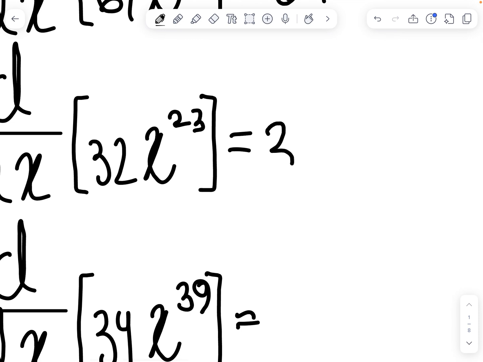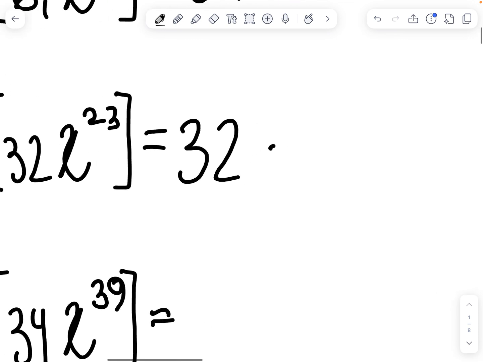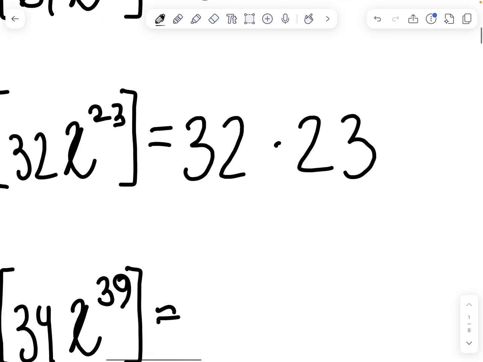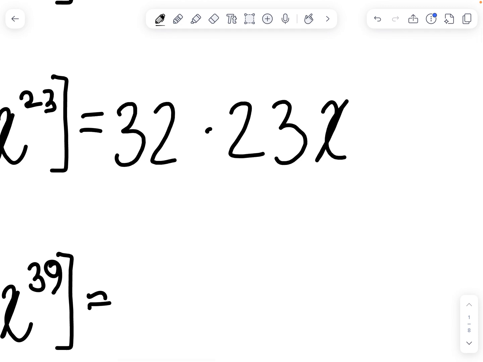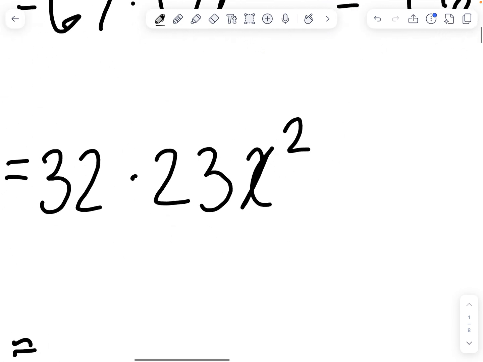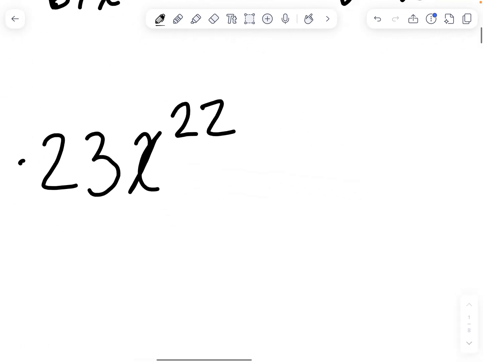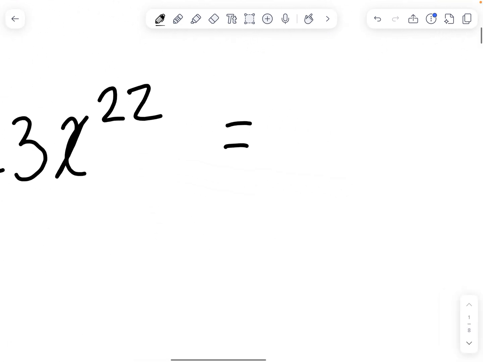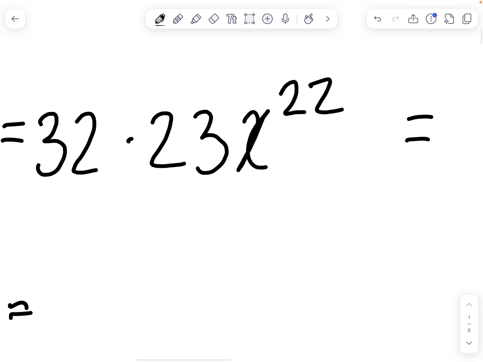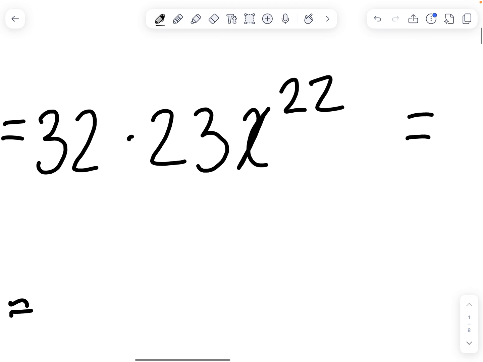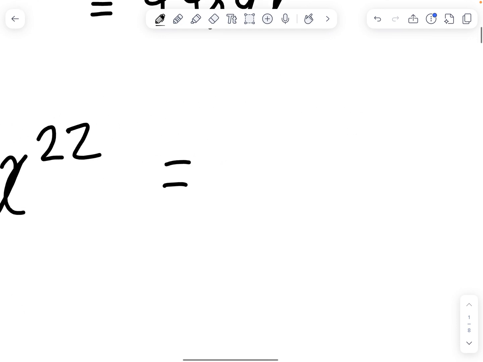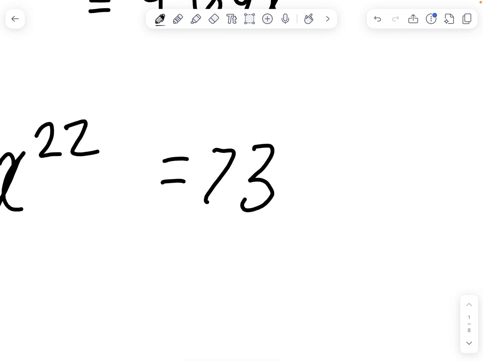So we have 32 times the derivative of 23 times x to the power of 23, which would equal 736x to the power of 22.